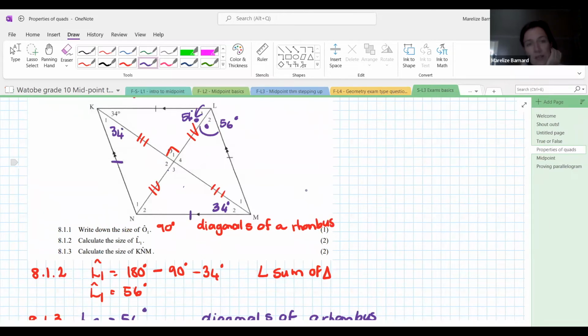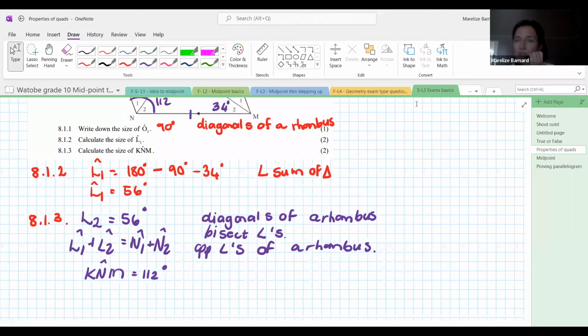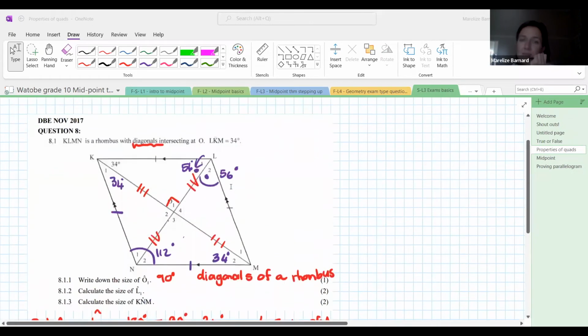You said M2 is 34, alternate angles, and then using angles opposite equal sides, K1 is 34, and then using interior angles of the triangle, that's 112. That's great, well done. There are many ways to do geometry. Sometimes that makes it easy, sometimes hard.